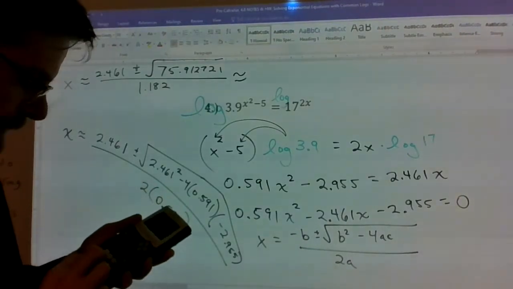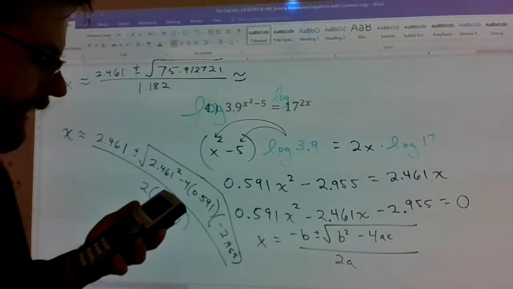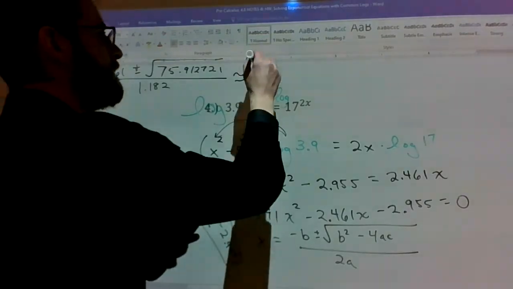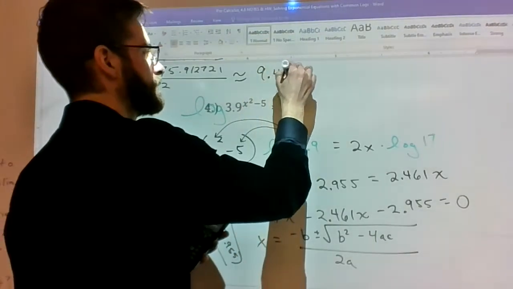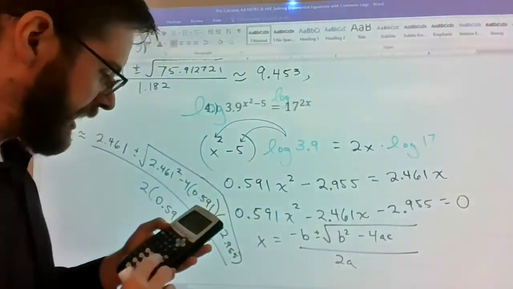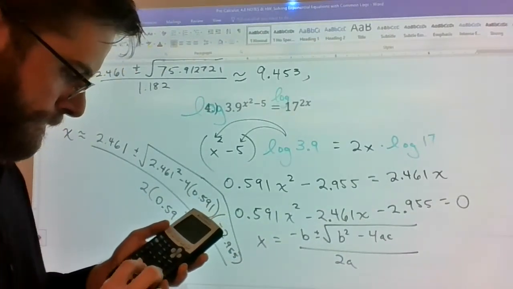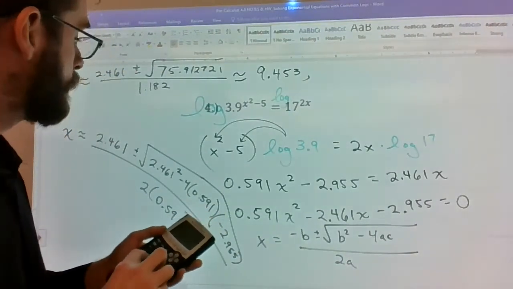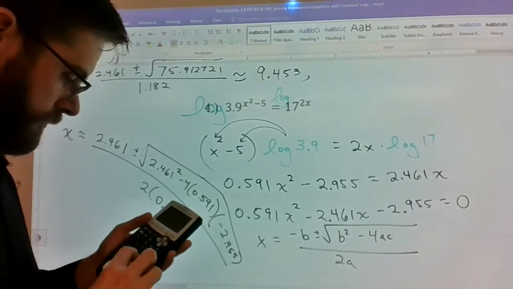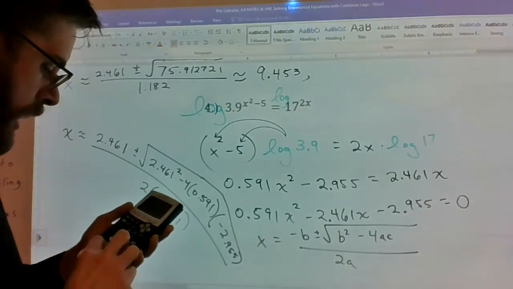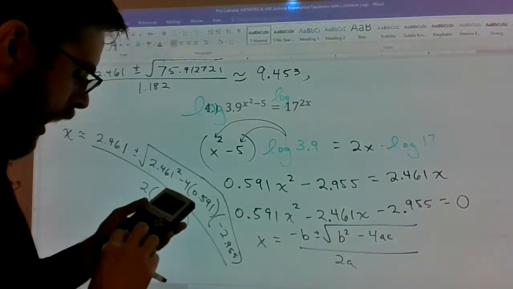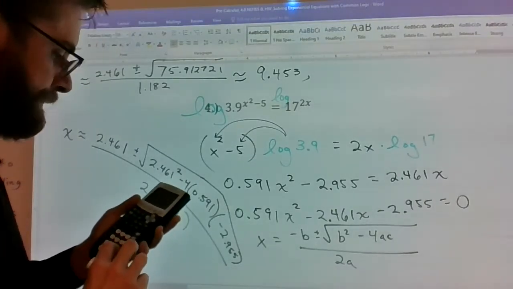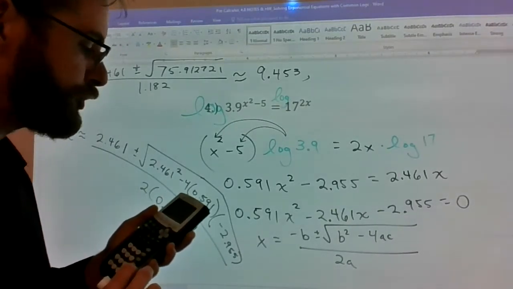Equal it out, divided by 1.182. We get approximately 9.453. On the subtraction end of things, negative 5.289.